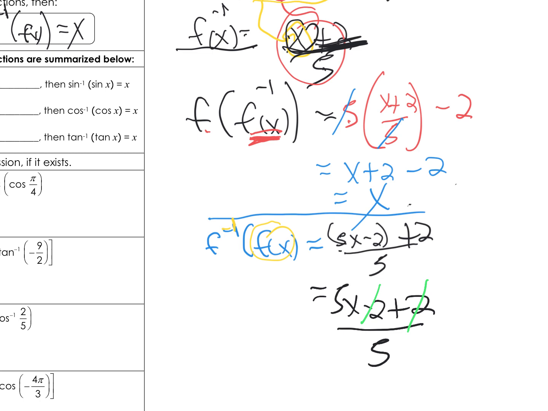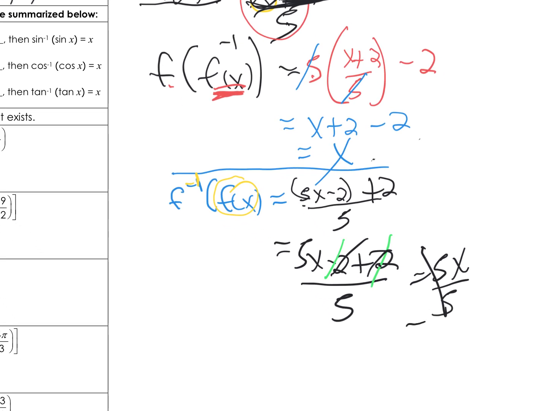They still cancel, leaving 5x divided by 5 equals x. There it is. Both got me x. That is the magic of composition of functions when you're dealing with a function and its inverse. What does that have to do with trig?